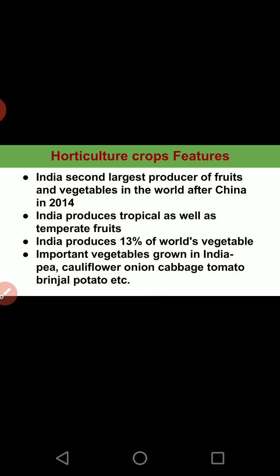India produces both types of fruits, tropical as well as temperate. Our Himalayan region is able to grow temperate fruits also. India produces 13% of the world's vegetables, so it is a big section. The important vegetables grown in India: peas, cauliflower, onion, cabbage, tomato, brinjal and potatoes.